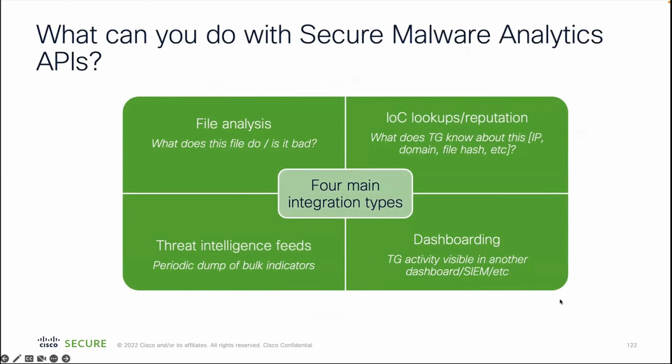It shows the most common use cases that we can see with secure malware analytics that our customers use. They use it to submit files for analysis, obviously. Those APIs are usually also used by built-in integrations as well.